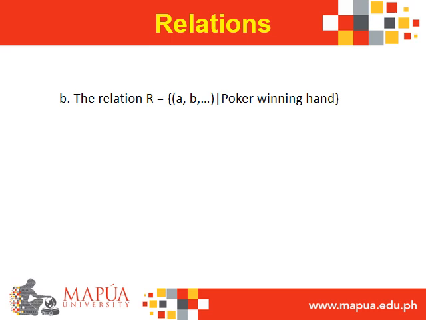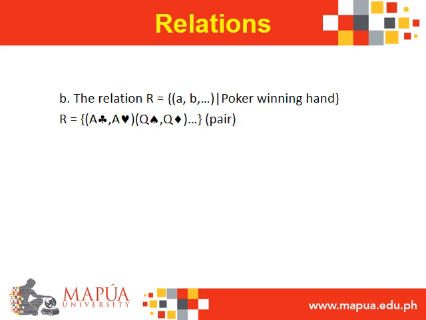A relation is not limited to pairs of elements. Groups of elements in a relation may contain two or more. Here, in this example taken from the same deck of cards, we have a relation that forms a winning hand in a game of poker.